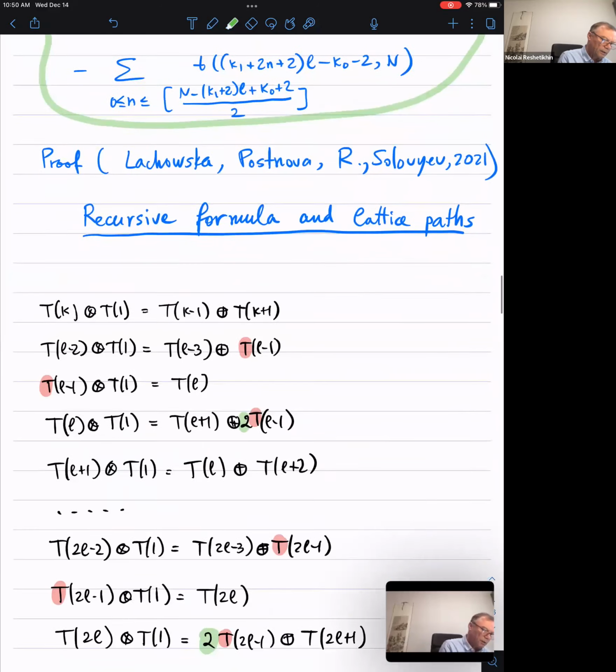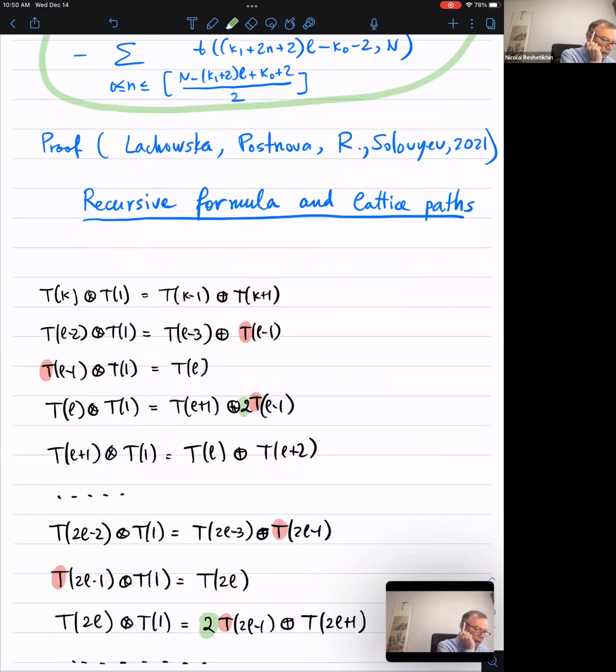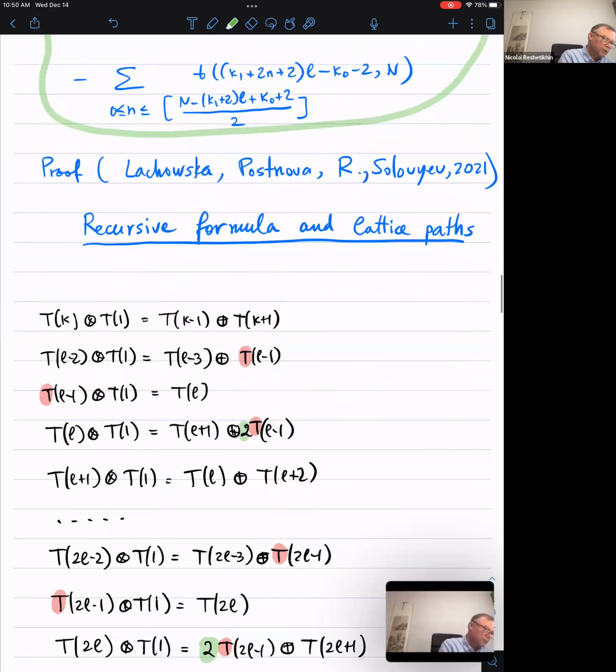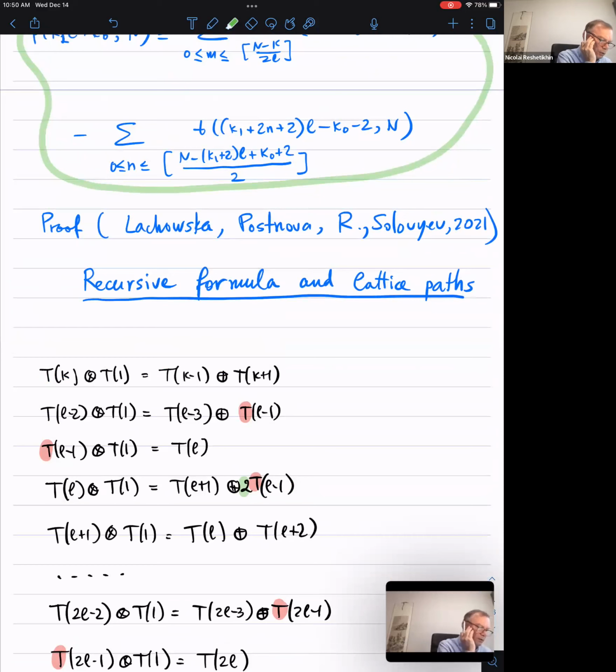Now, remember that for SL2 we had a very simple tensor product rule: if you multiply an irreducible module V_k by the two-dimensional module C^2, it's isomorphic to the direct sum of V_{k-1} and V_{k+1}.